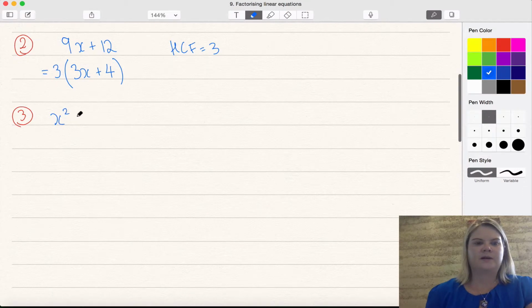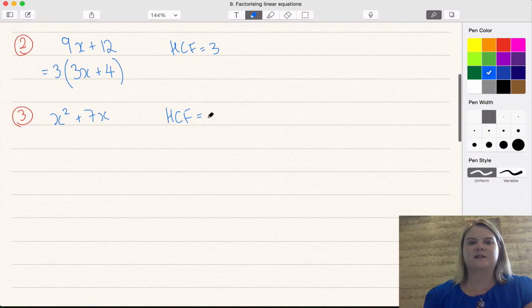X squared plus 7x. So this has got pronumerals in the first term and pronumerals in the second term, so we can take our highest common factor as a pronumeral. This is an x squared term, this is only x, so we can only use x as our highest common factor.